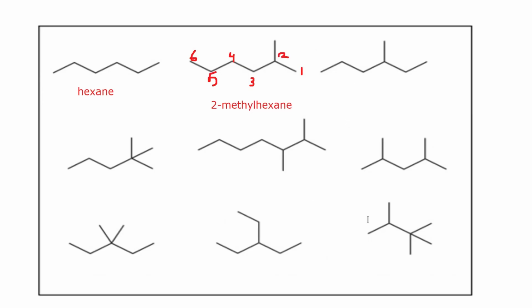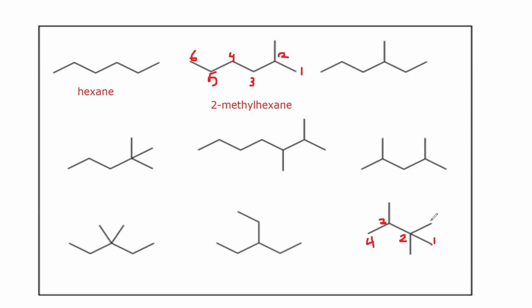Let's have another thing that is more complicated. Let's practice this. So we have many branches here, I think. From which side I should number? Here we have 2 branches, so we'll number starting from this carbon. 1, 2, 3, 4. Do we have another way to number?